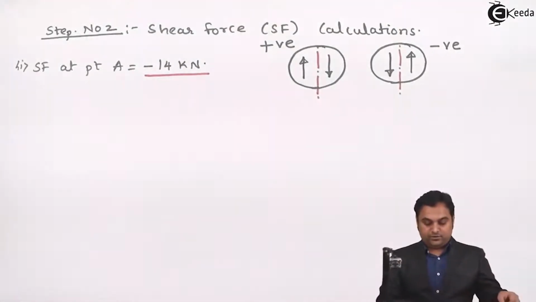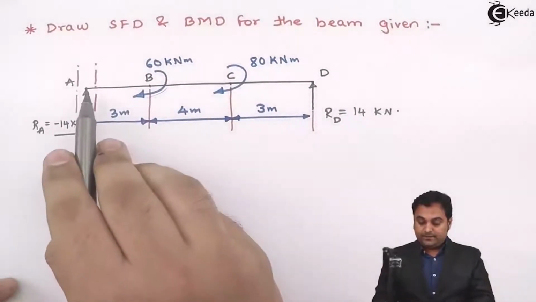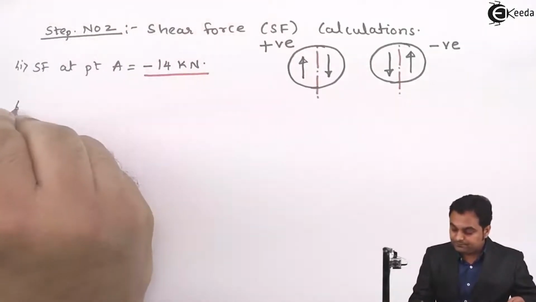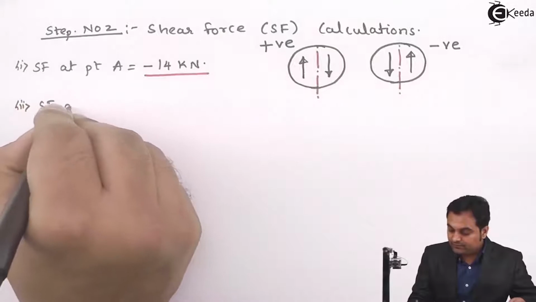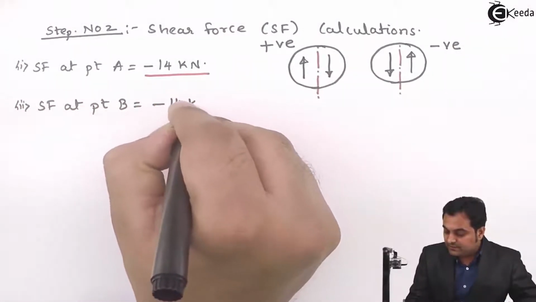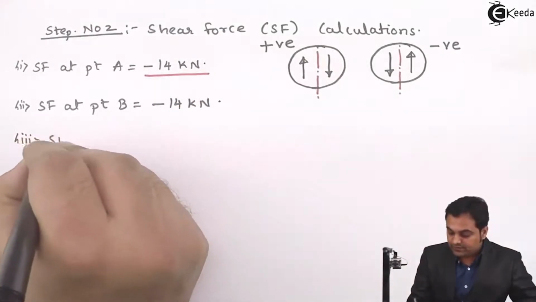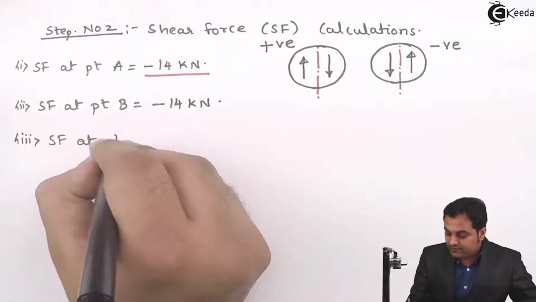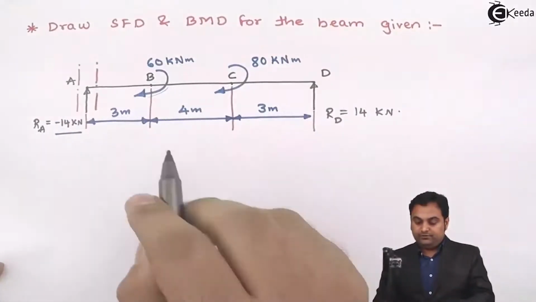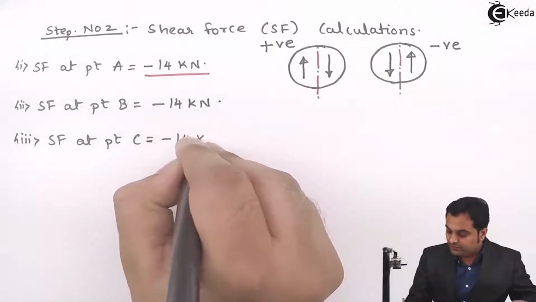Now, something interesting is there in this beam: there is no load from A to B. It means SF at point B will also be the same as A, minus 14. Next, SF at point C: there is no load between B and C, so again SF will remain constant, minus 14 kilonewton.